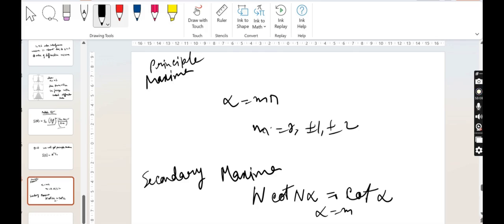Alpha is equal to n. No, this is not alpha is equal to n. These values will give the secondary maximum, but when alpha gets to n pi, then it is the principal maximum.